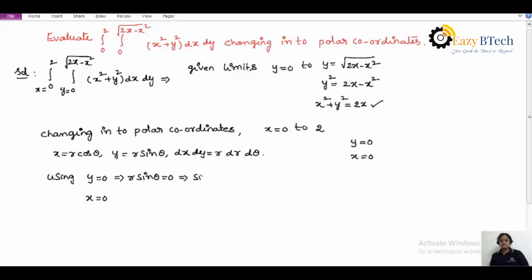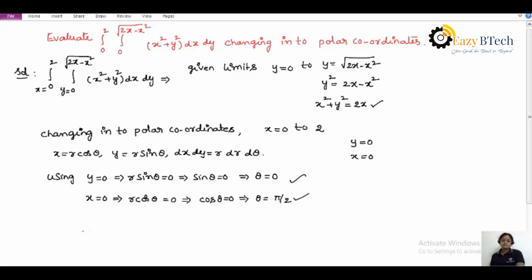Then sin theta is 0, that implies theta is equal to 0. Okay, if x is equal to 0, then r cos theta is equal to 0. Then cos theta is equal to 0. Then theta is equal to pi by 2. So these two are the theta limits here.